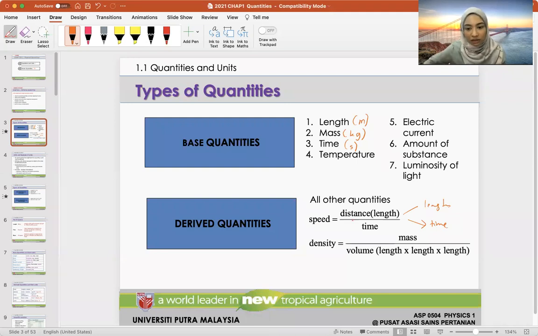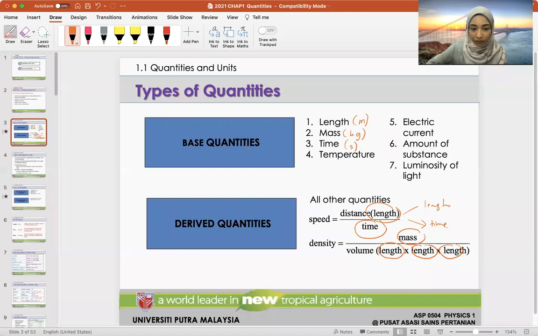Whereas derived quantities, you can break down into base quantities. For example, this is a base quantity and this is a base quantity, so two base quantities make a derived quantity. In this case, we have mass and then 3 base quantities, so we have 4 base quantities making up a derived quantity called density: mass over volume, or mass over length times length times length.